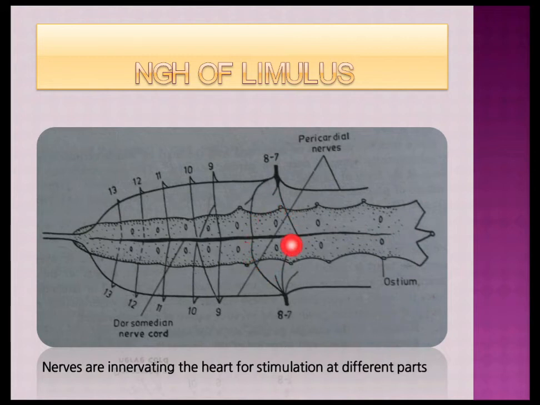When it flows to the 9th ganglion, this part of the heart will contract. That means there will be a wave of contraction and the blood will be flowing towards the head. That is the kind of contraction in these types of neurogenic hearts. So here, these ganglionic nerve cells are not present inside the heart. They are an extra cardiac tissue, present outside the heart.